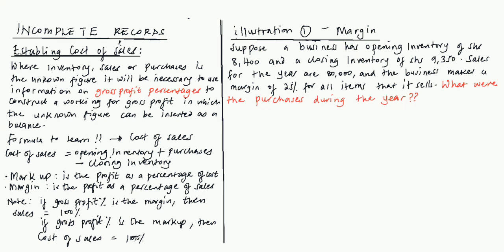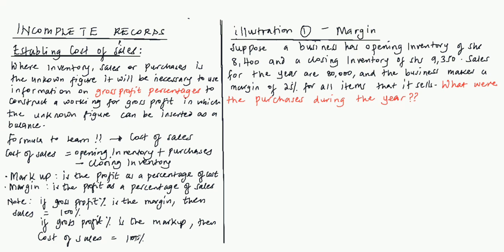Purchases is the unknown figure. So we are going to see how we can calculate the purchases during the year. But this time around, we are going to use margin as the percentage. Suppose a business has opening inventory of shillings 8,400 and a closing inventory of shillings 9,350.